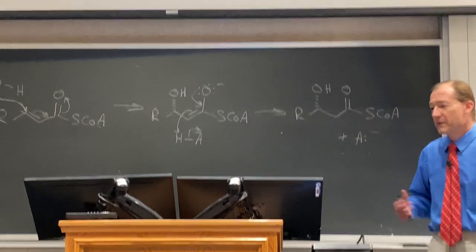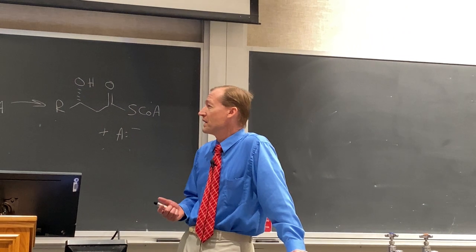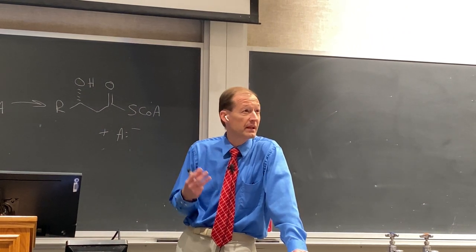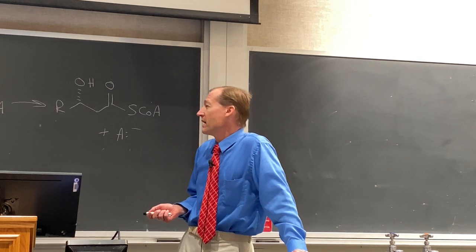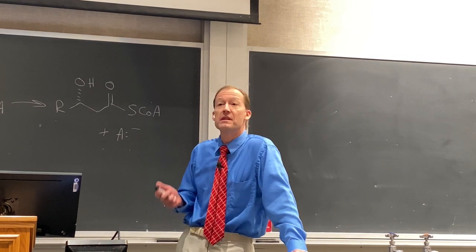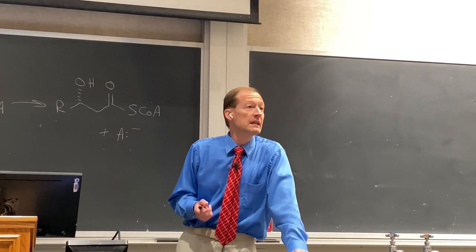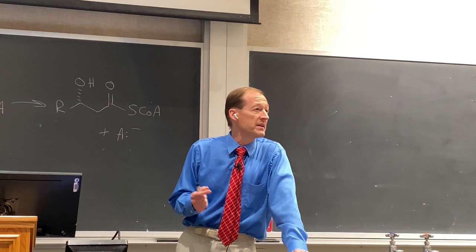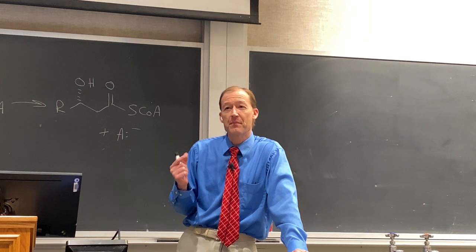So today we're going to finish chapter 27. We're going to talk about three metabolic cycles: beta oxidation, glycolysis, and the citric acid cycle. As I mentioned previously, we're not going to memorize every single step of the cycle.